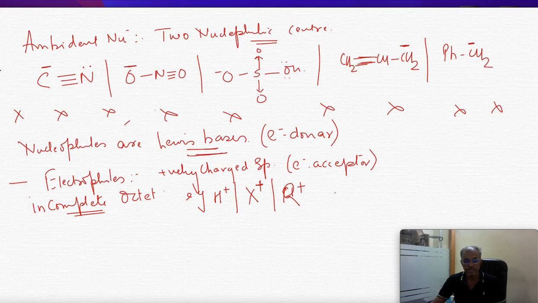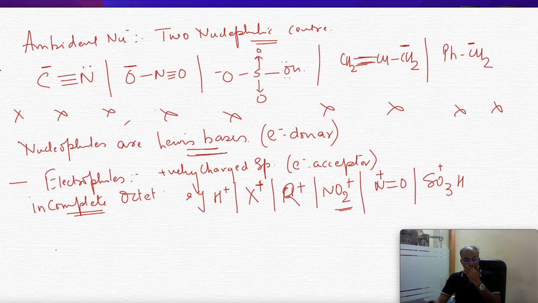They are electrophiles. And NO2 plus, they are electrophiles. That means this is an acid. Then NO, then SO3H. We can say all cations are charged electrophiles, positively charged.